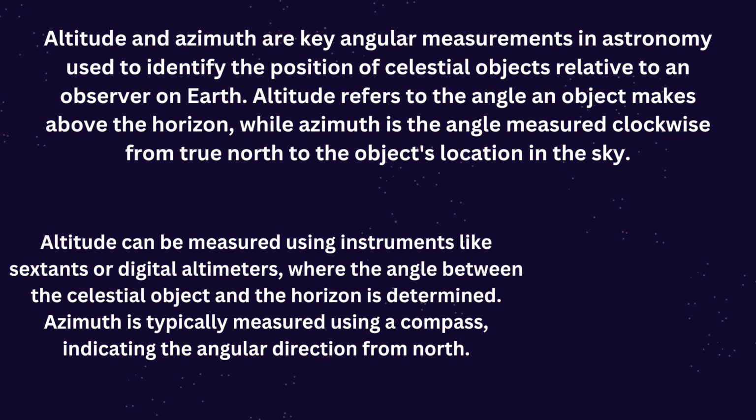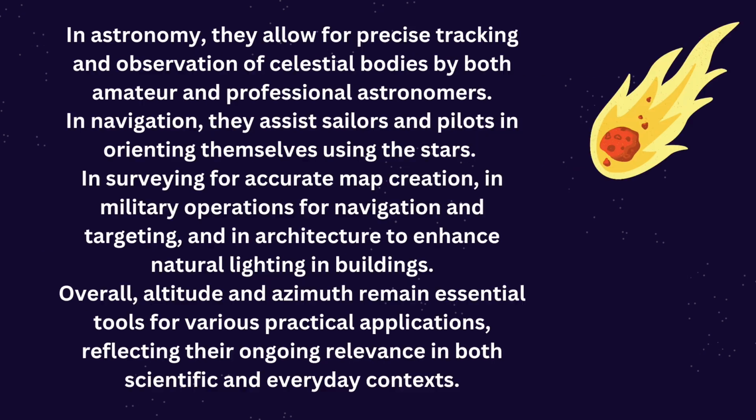Azimuth is typically measured using a compass indicating the angular direction from north. In astronomy, they allow for precise tracking and observation of celestial bodies by both amateur and professional astronomers. In navigation, they assist sailors and pilots in orienting themselves using the stars.